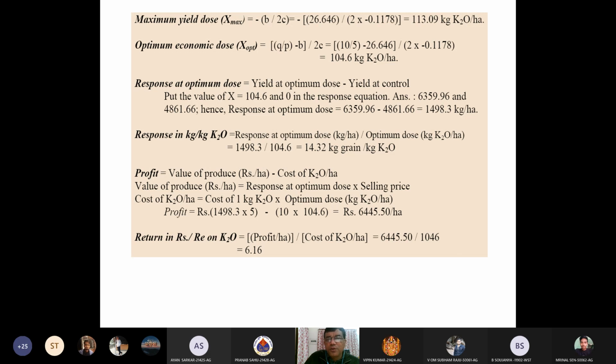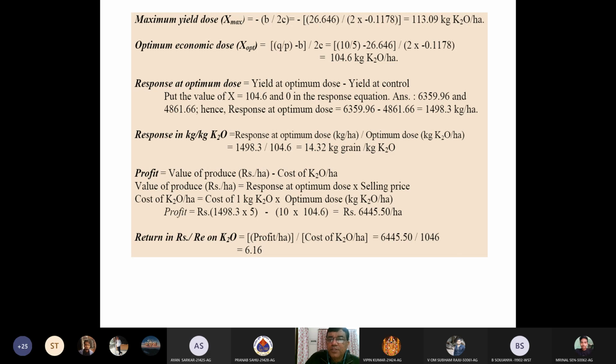So response at optimum dose is equal to 6359.96 minus 4861.66. So you get 1498.3 kg per hectare. If you put 104.6 in the equation, you will get this value of 6359. Similarly, if you put 0 in place of X, you get 4861.66.